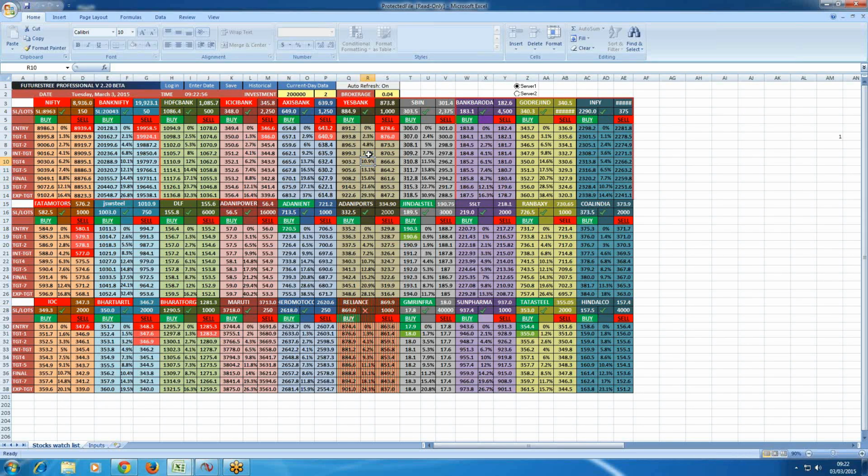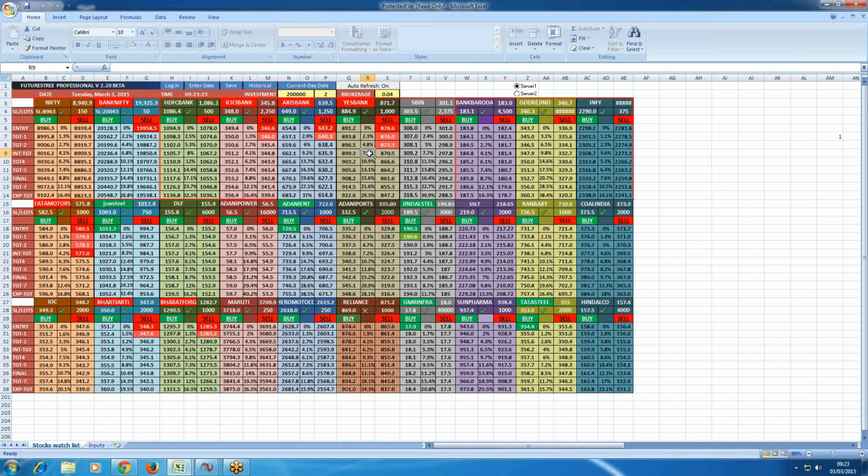That is, let's say, Yes Bank made its intermediate target. Now, this particular trade is worth 7.3% returns on your investment, but this is calculated on the NSE span margin. So in case you have a broker who is giving you very good margins, then your profit percentages will actually be much more than this.